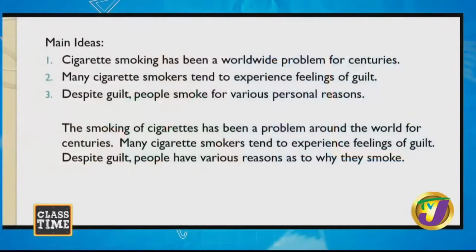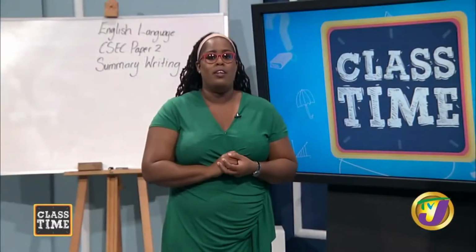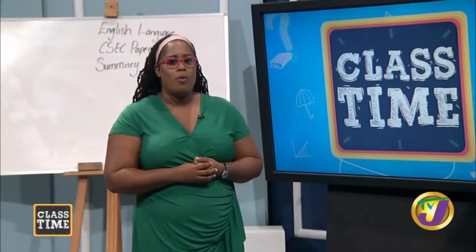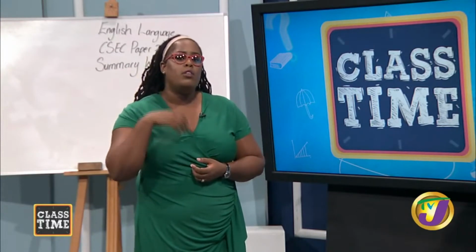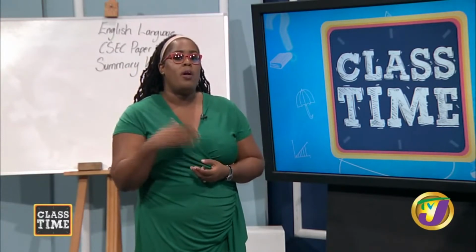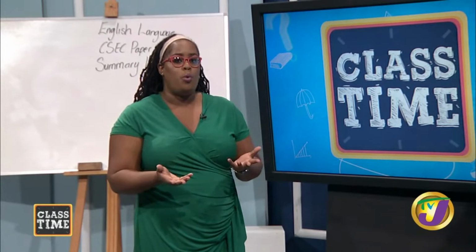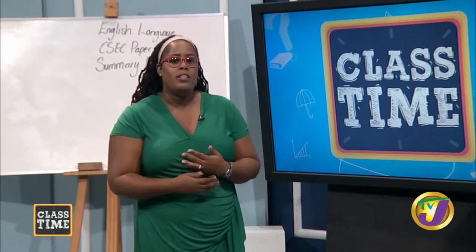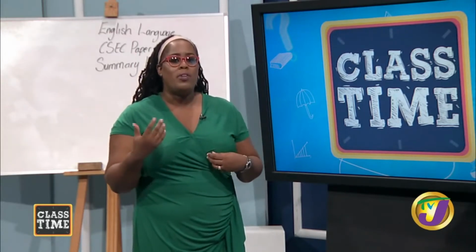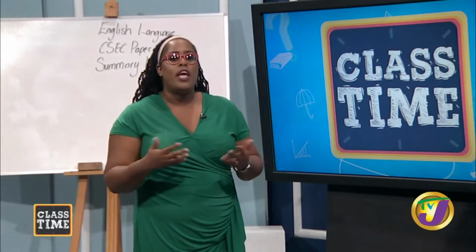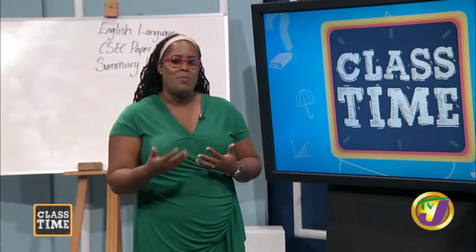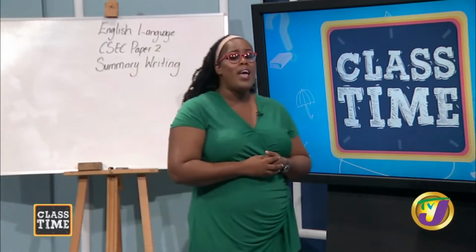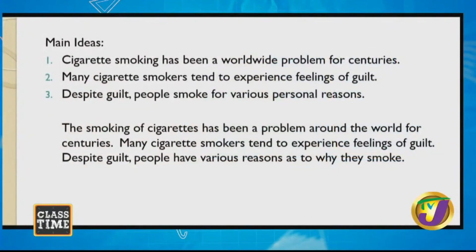Another important tip, and we emphasized this the last session as it relates to summary writing: remember to try to put the main ideas in your own words. That is what we are looking for. When we see that you're putting it in your own words, we know that you understand what you have read. All right, so we have 3 main ideas here because there were 3 paragraphs.